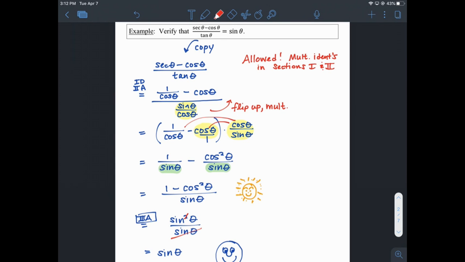So it's just going to take some repetition, kind of familiarizing yourself with what identities are helpful, kind of getting used to and remembering legal moves algebraically, like flipping this fraction up and making sure to use parentheses, canceling as you distribute, stuff like that.